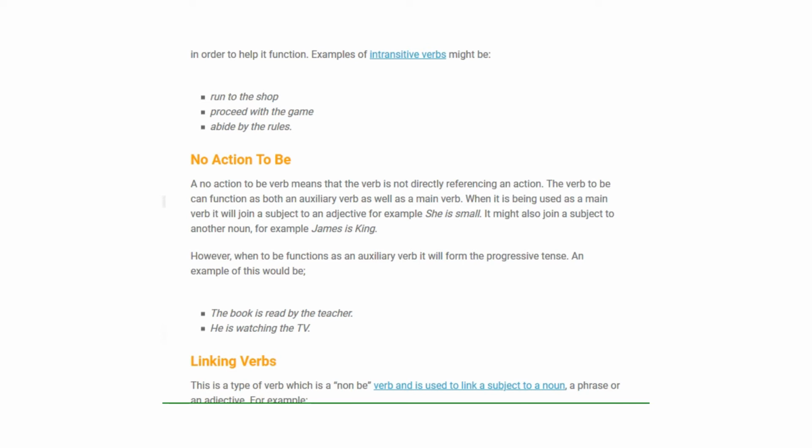It might also join a subject to another noun, for example, James is king. However, when to be functions as an auxiliary verb, it will form the progressive tense. An example of this would be the book is read by the teacher. Is watching the TV.